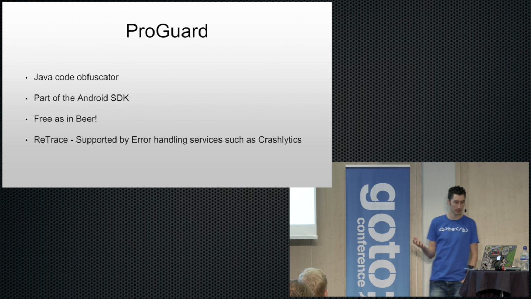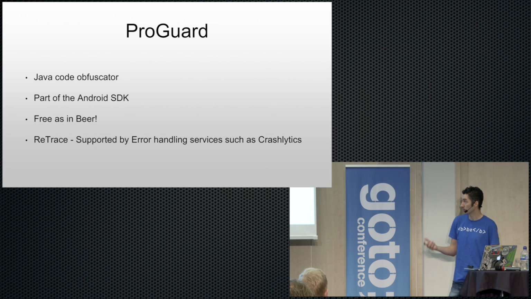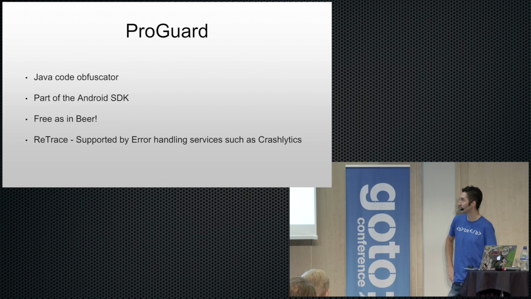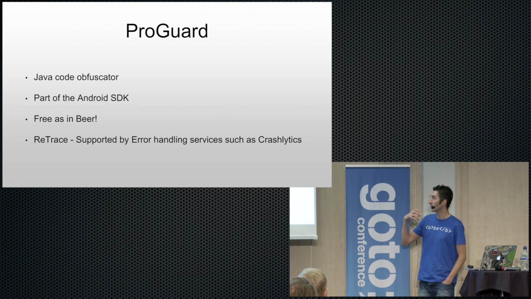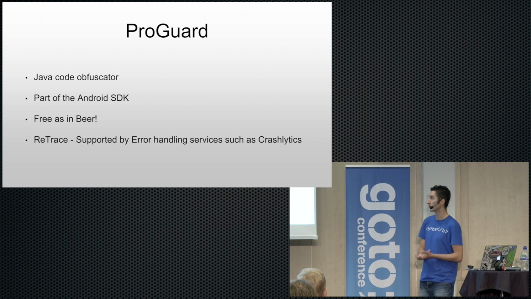One of the things you have to remember when you start using obfuscated code is that if you get crashes, I know that sometimes happens in apps. I can't say I've ever written an app that crashes myself. But trying to work out what's gone on with a stack trace that's been obfuscated is near impossible.